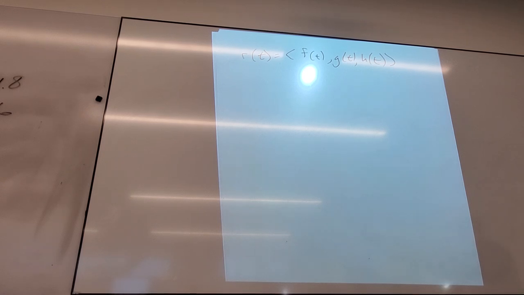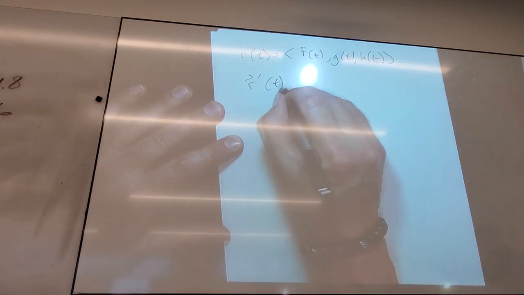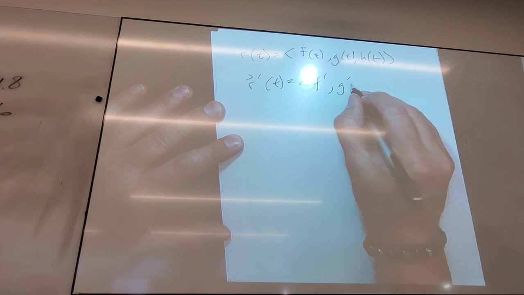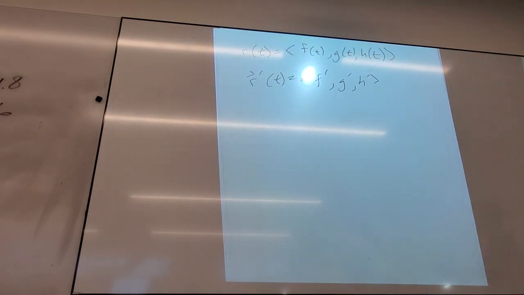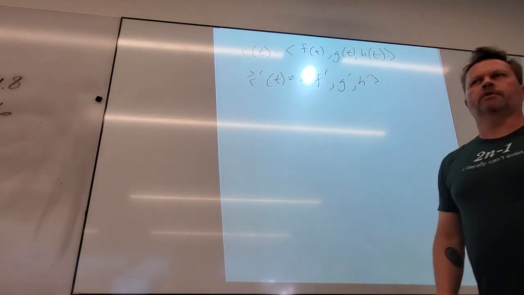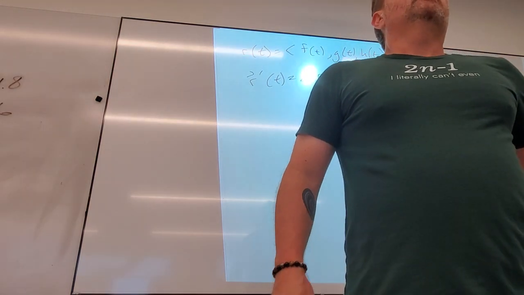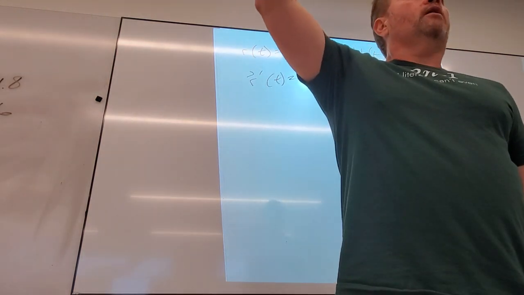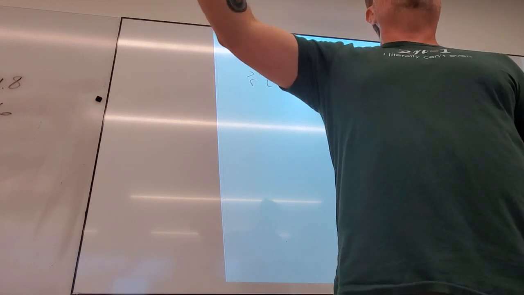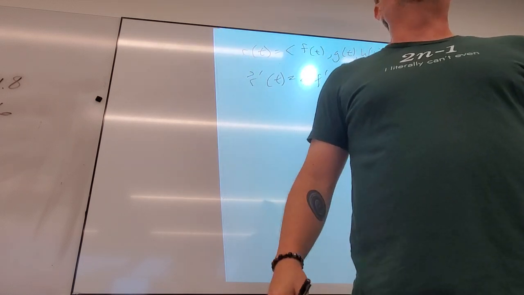Good. And I think the very last thing I did with you guys, so the R prime was equal to F prime, G prime, H prime, just adopting the shorthand way to do that. Exactly what we would hope. So chain rule comes into play. If it's R prime of some function of t, there would be a chain rule piece that would happen.